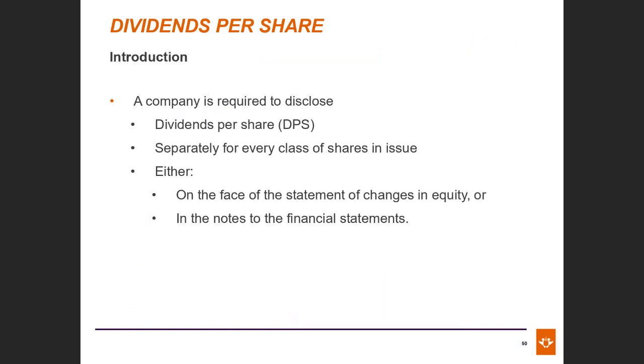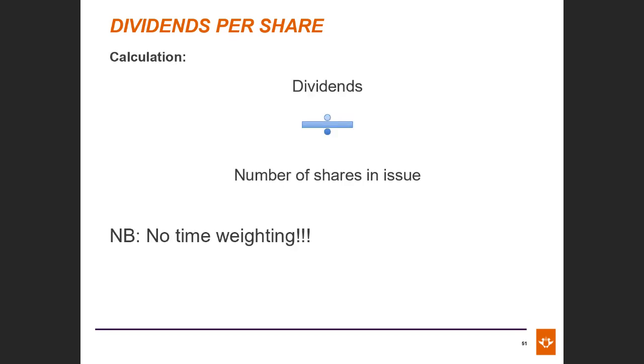If we look at the dividends per share ratio, a company is required to disclose the dividends per share separately for every class of shares in issue. These need to be disclosed on the face of the statement of changes in equity or in the notes to the financial statements.